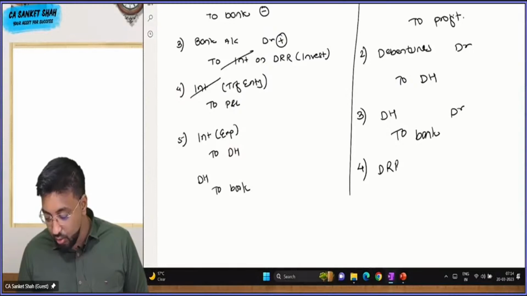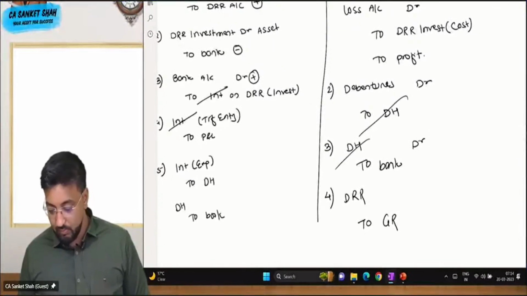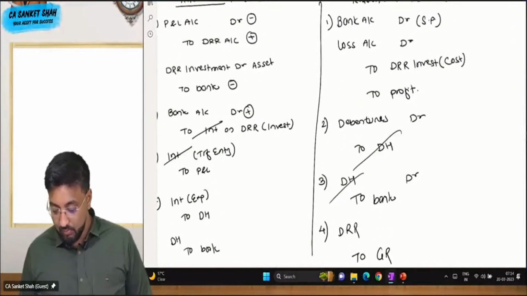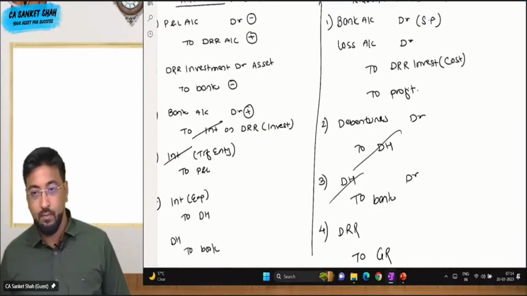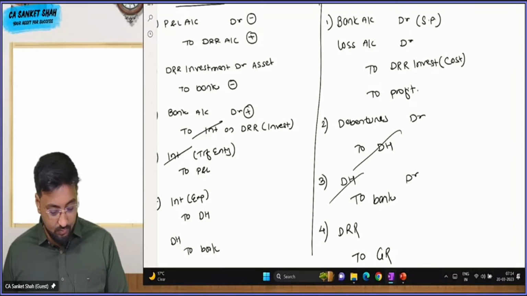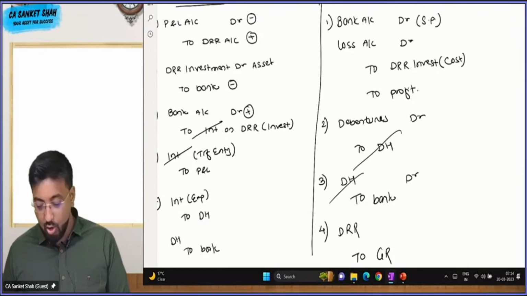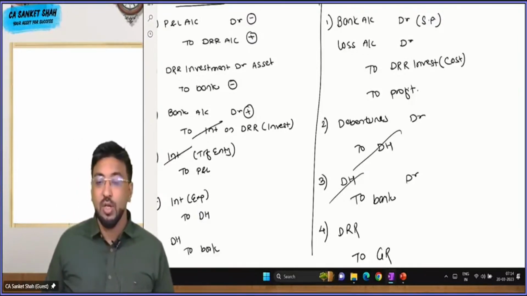Now there is no need of DRR, so DRR is transferred to general reserve. DRR to general reserve. So how many entries are at the time of redemption? 4 entries.